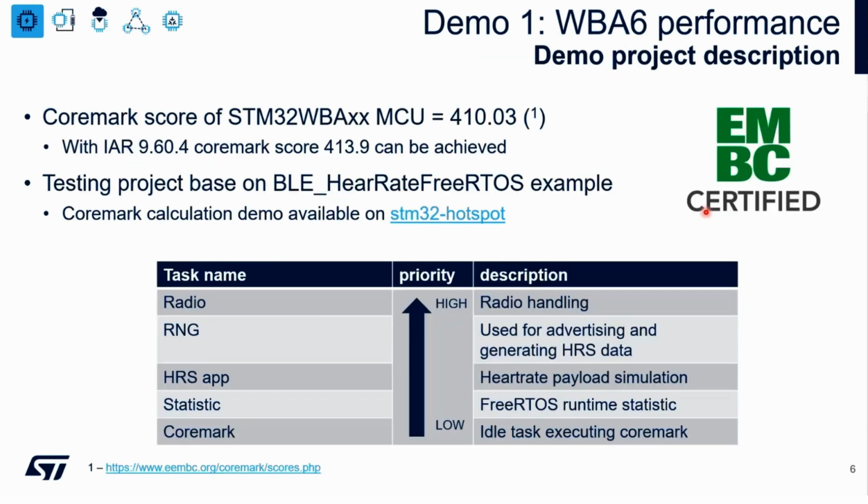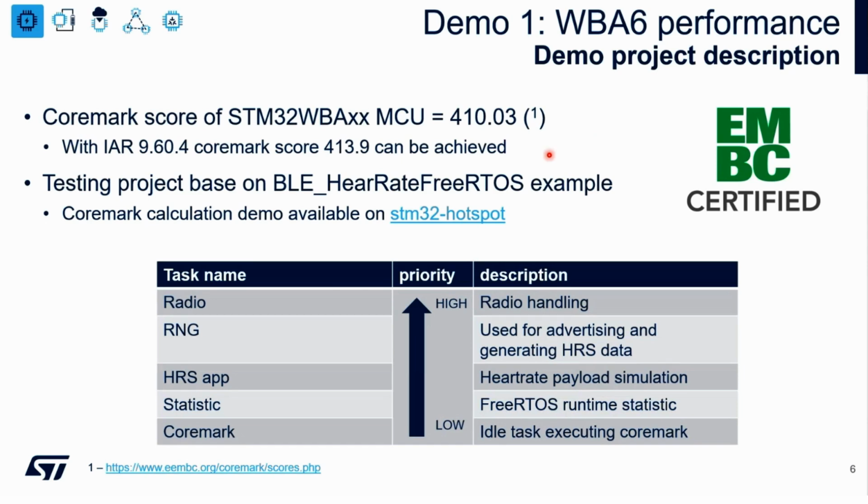So how to demonstrate that there is still plenty of performance remaining for you? We took the chance that we already have on the EEMBC. So here you have the link, review the score of STM32WBA6 with the same core and same frequency.